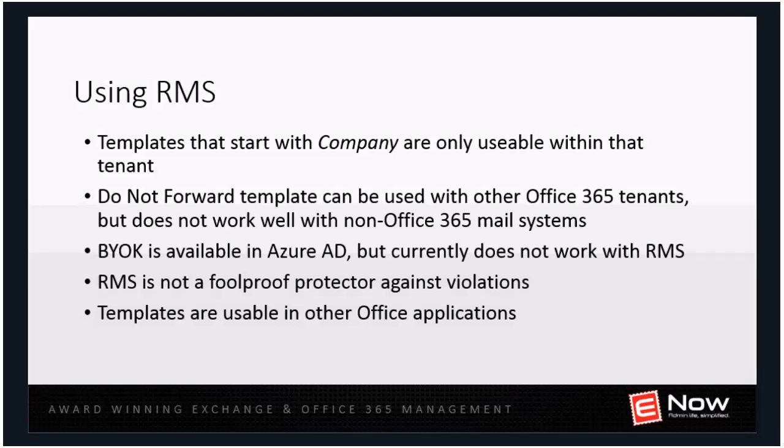Bring your own key. That's a feature that is available in Azure AD, but currently does not work with RMS in Office 365. People do ask about that sometimes. Bring your own key allows you to import your own encryption key into Microsoft's key management system so that you can have that little extra layer of confidence in your encryption.